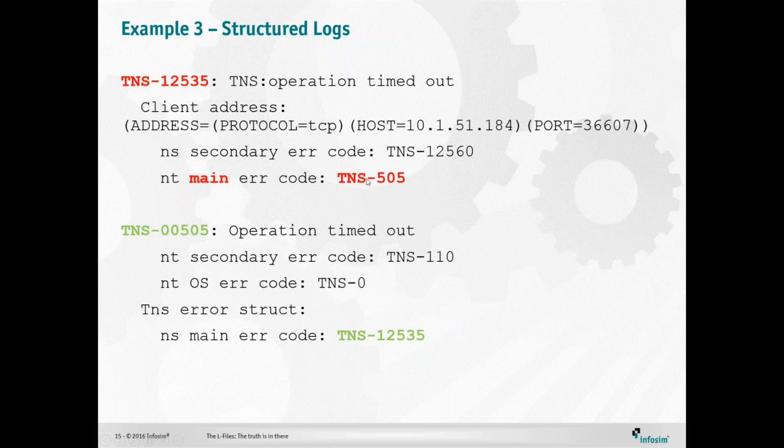So only if this error code appears in the main error code line in the subsection of 12535, there might be an error, for example. The green error code below might not be an error at all, so you cannot rely on standard keyword matching. So the context is different, and the context is important.